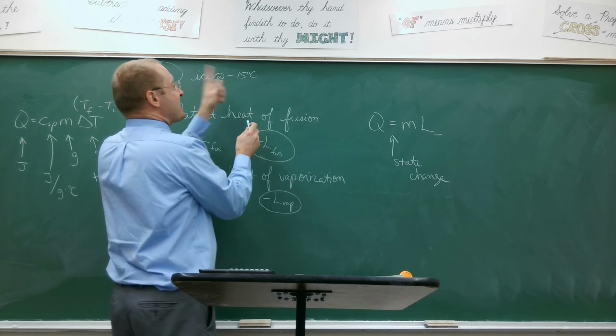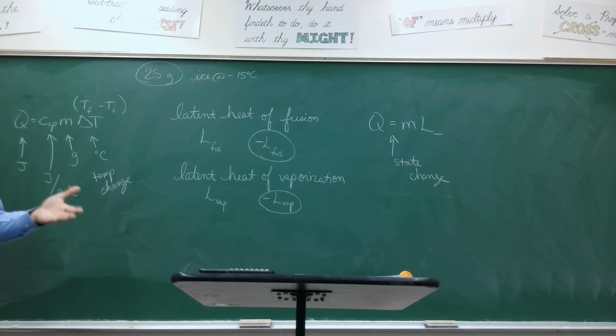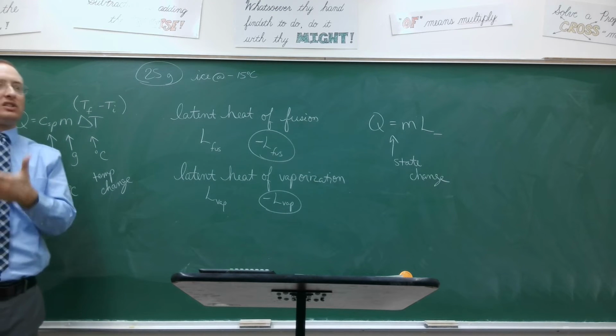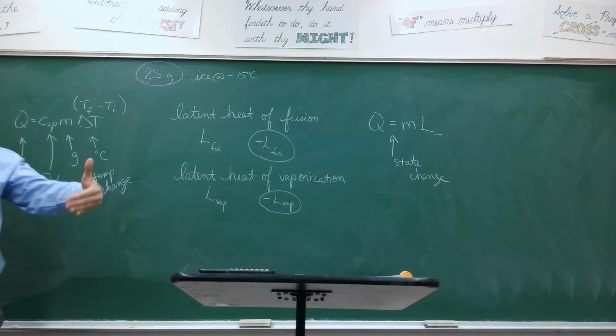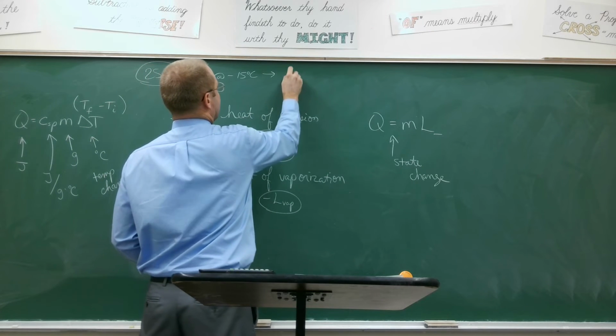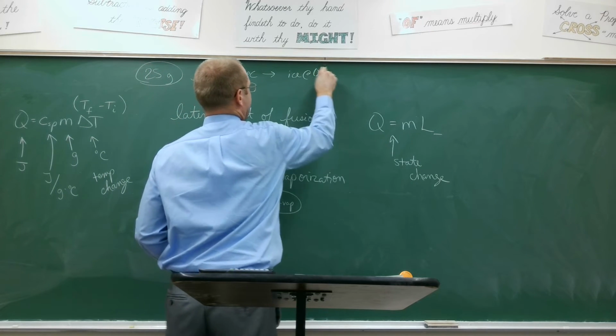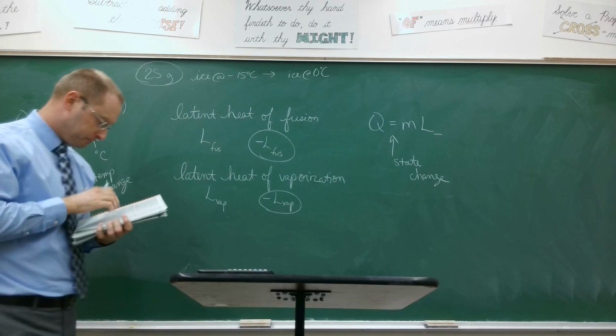And we said we can't take ice at negative 15 and turn it into ice at 25, because ice doesn't exist at 25 degrees Celsius. Where does ice stop being ice, class? At 0. So we said what we've got to do first of all is get it to ice at 0 degrees Celsius. And if you're looking in your textbook, we see that here.